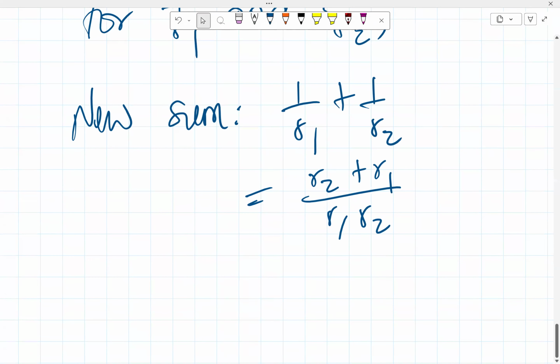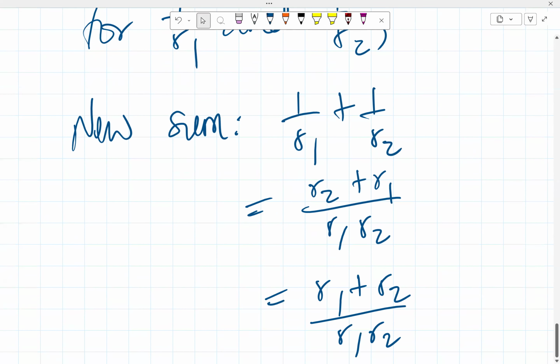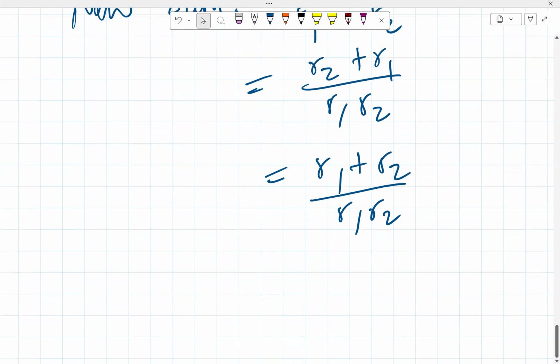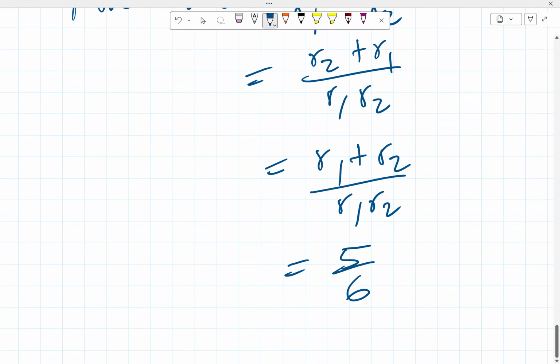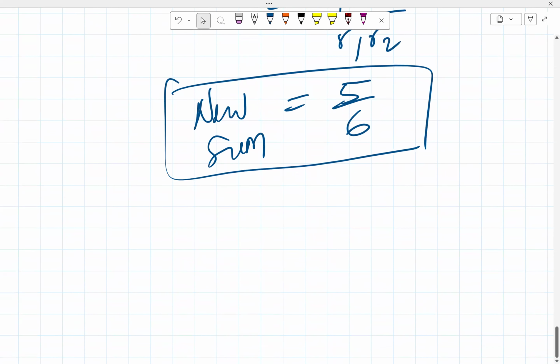So the new sum is (r1 plus r2) over r1 r2. We know r1 plus r2 is 5 and r1 r2 is 6. So we just have 5 over 6. So the new sum is 5 over 6. We keep that.